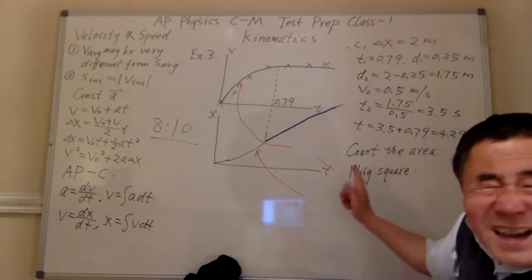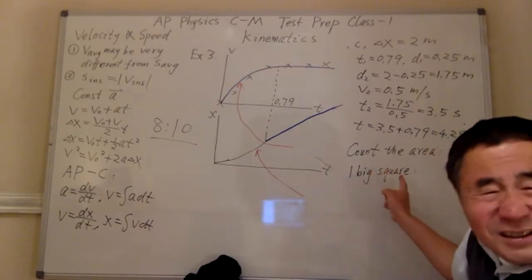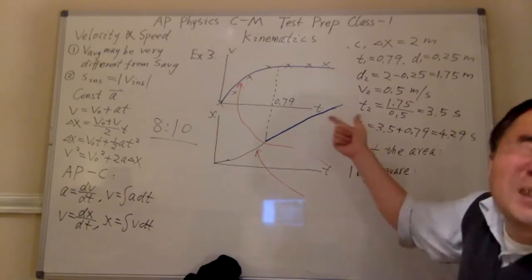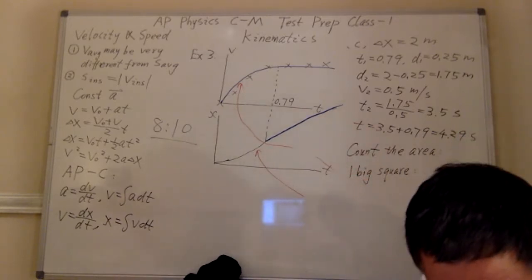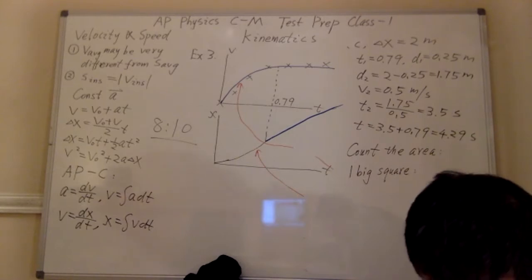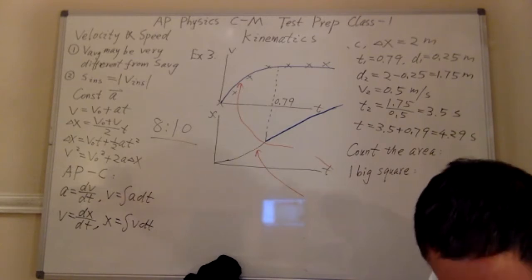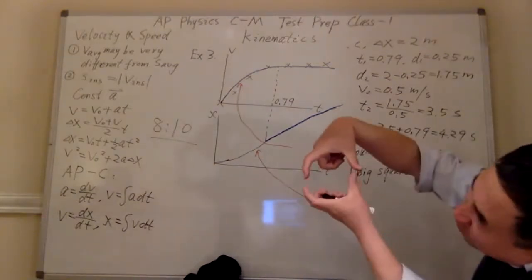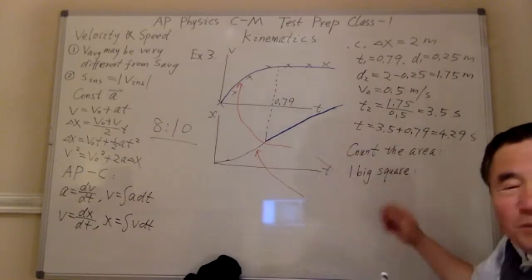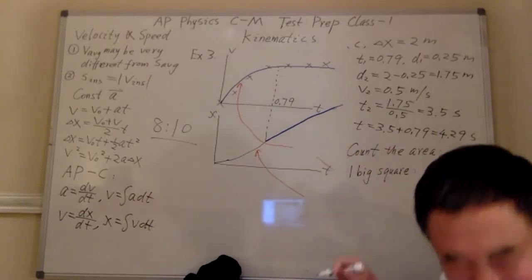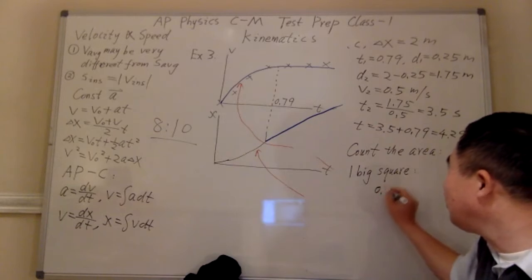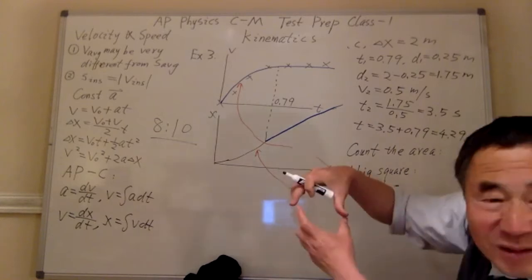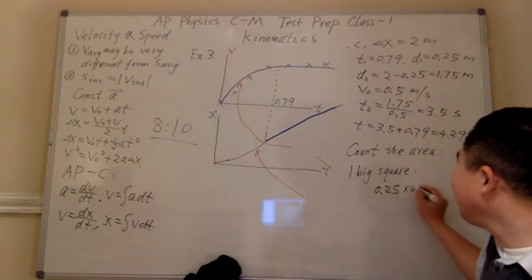Another thing, in case someday you really need to count the squares on graphing paper, you need to know what one square means. On the graph, one big square in the Y direction is 0.25. In the X direction, the big square is 0.5 seconds.